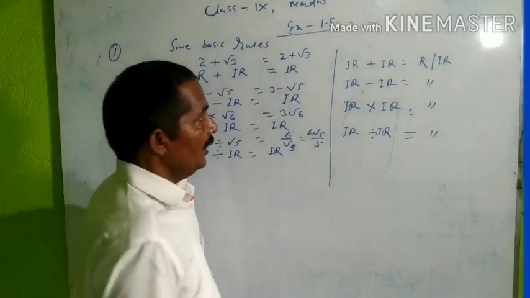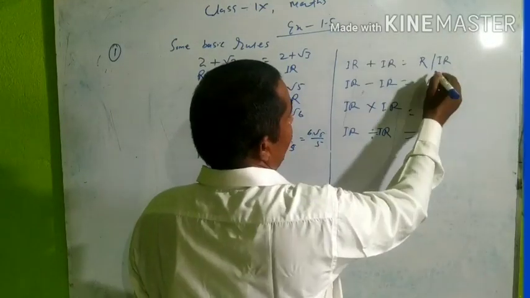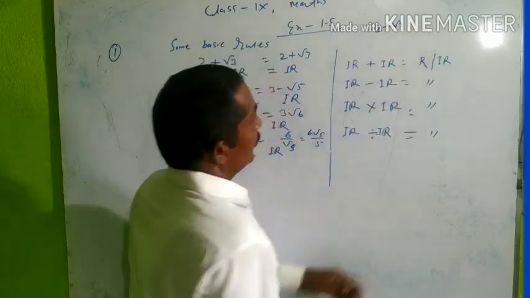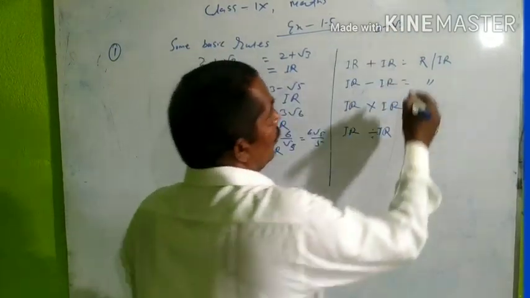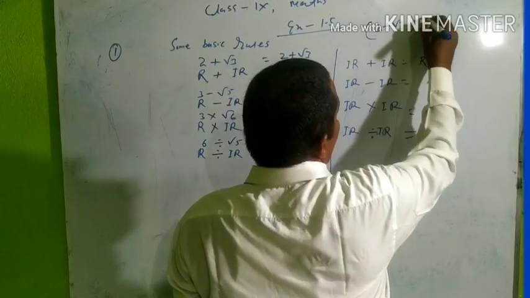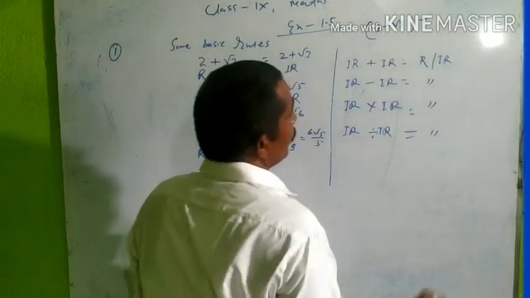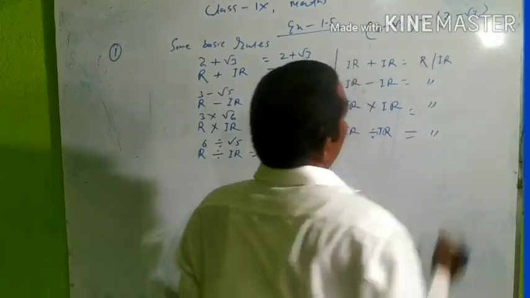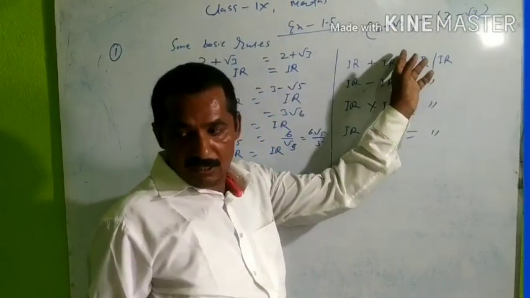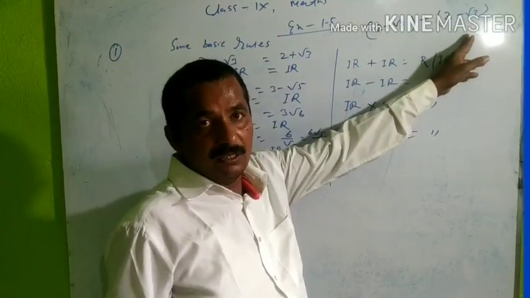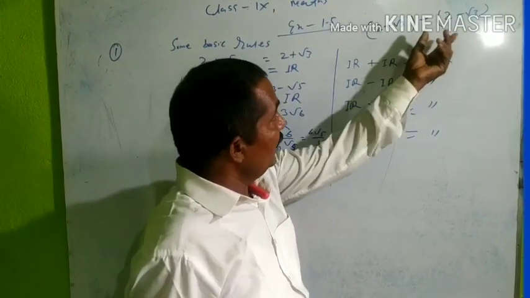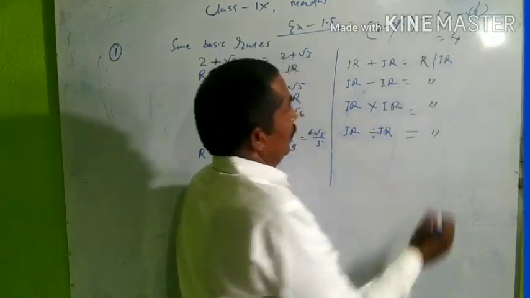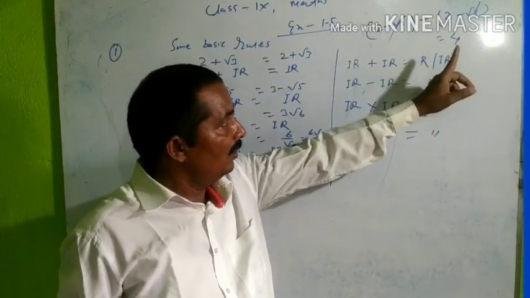Like, look here, 2 plus root 3 is irrational, plus 2 minus root 3, which is also irrational. When they are added, the root 3 terms will cancel, and 2 plus 2, 4, will remain. Irrational plus irrational gave a rational number here.